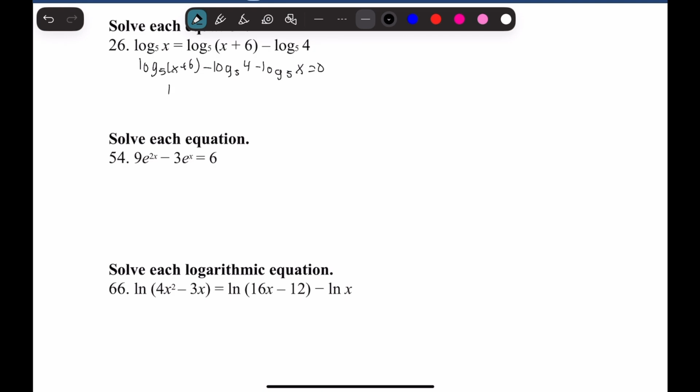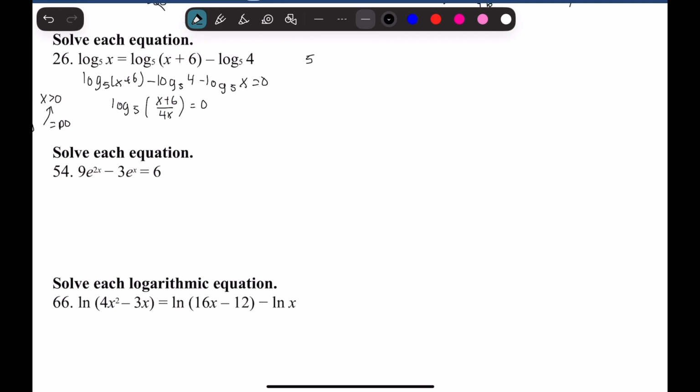So now you have log base 5 of x plus 6 divided by 4x, and that's just going to equal 0. And also remember that x has to be greater than 0 because the input, the argument, has to be positive. That's just the requirement of logs.